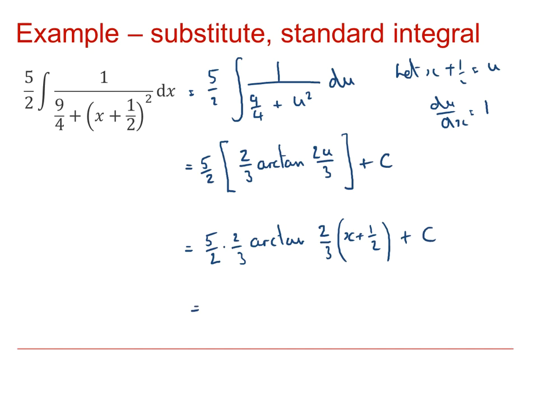The 2's obviously cancel in the first part there, so we get 5 over 3 arctan, and then considering the expression in the bracket, we can write that with a factor of 3 multiplying through: 2x plus 1 divided by 3 plus c. And that's our final result.